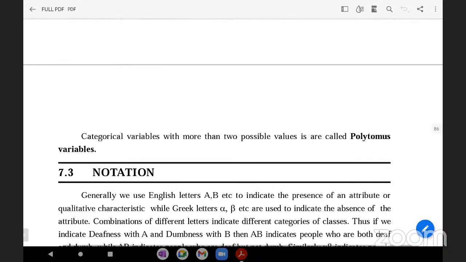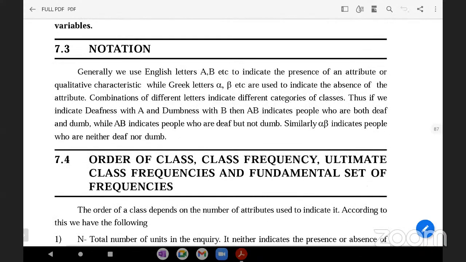Generally we use English alphabets A, B, etc. to indicate the presence of an attribute or qualitative characteristic, and Greek letters alpha, beta to indicate the absence of the attributes. Sub-classifications, if needed, we can take as AB also.